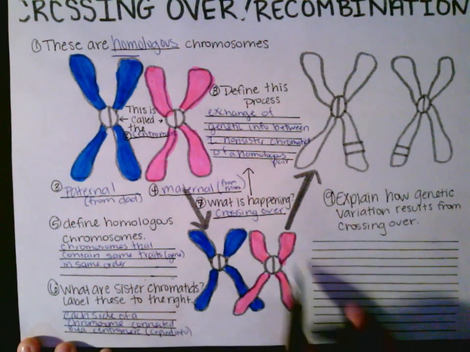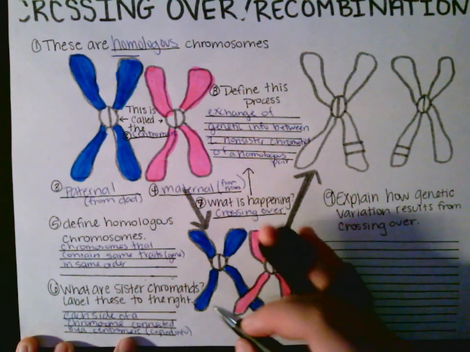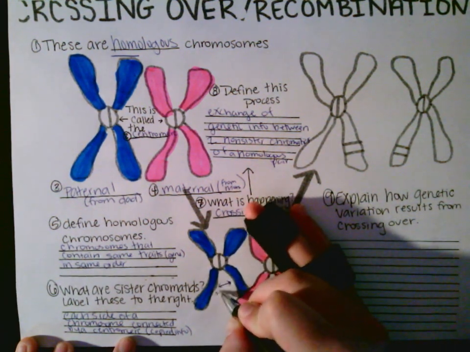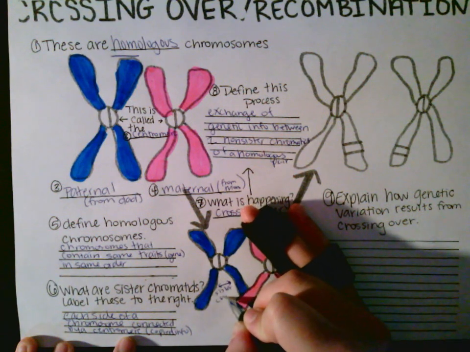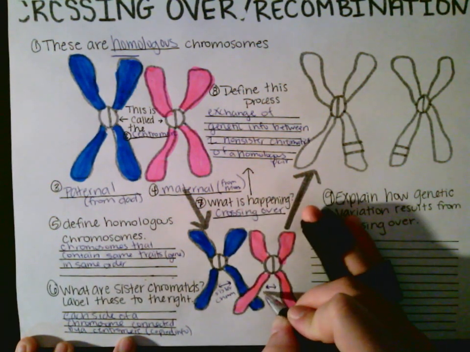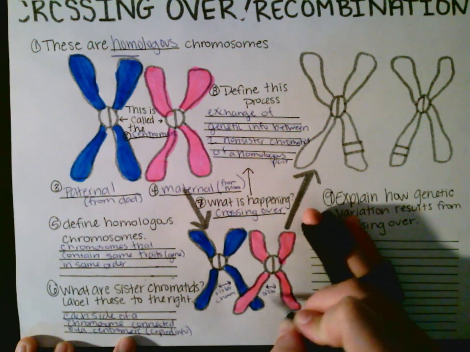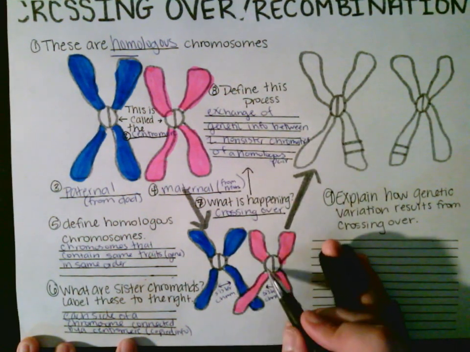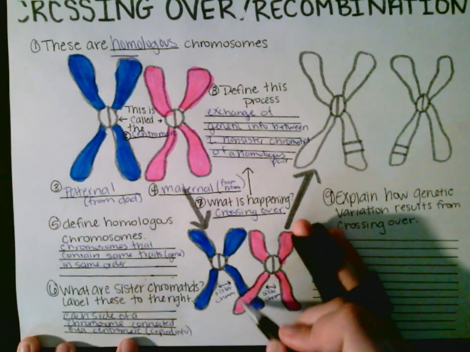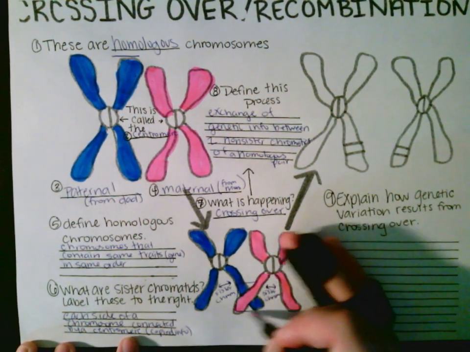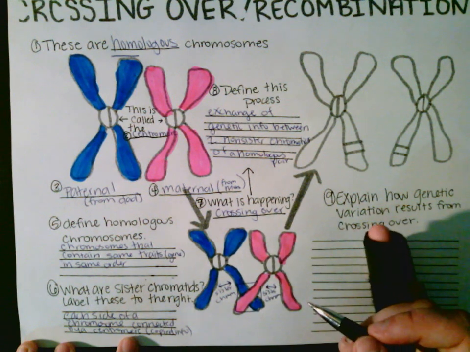So we have our homologous pair, and we have these two are sister chromatids, and these two are sister chromatids. So we have to take the non-sister chromatids, so one from this chromosome and one from this chromosome, and that's what we're going to cross over, is these two non-sister chromatids right here.